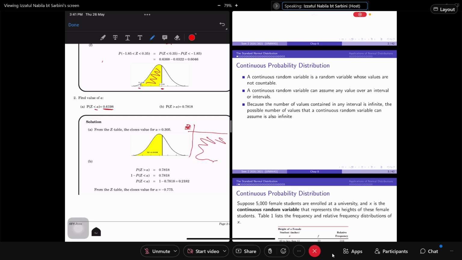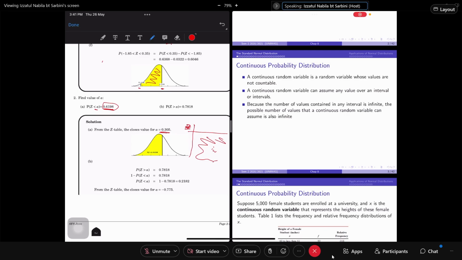So when you have something like 0.618, you have to find it in the body of the table, and you can get your Z value is equal to 0.305, macam itulah.